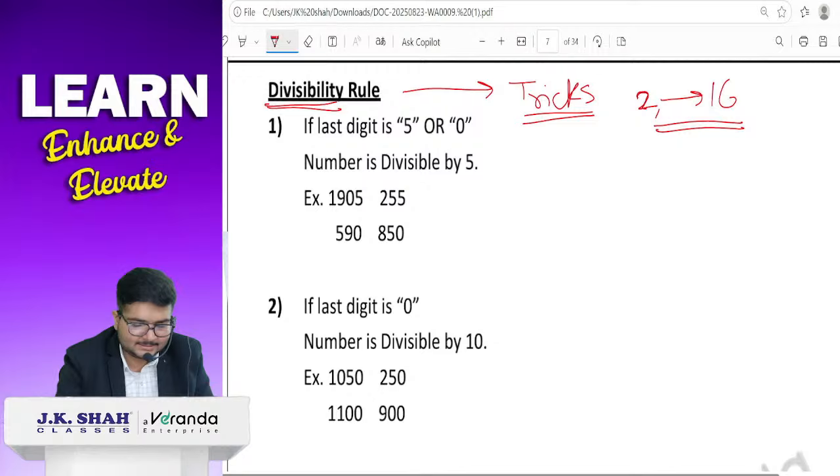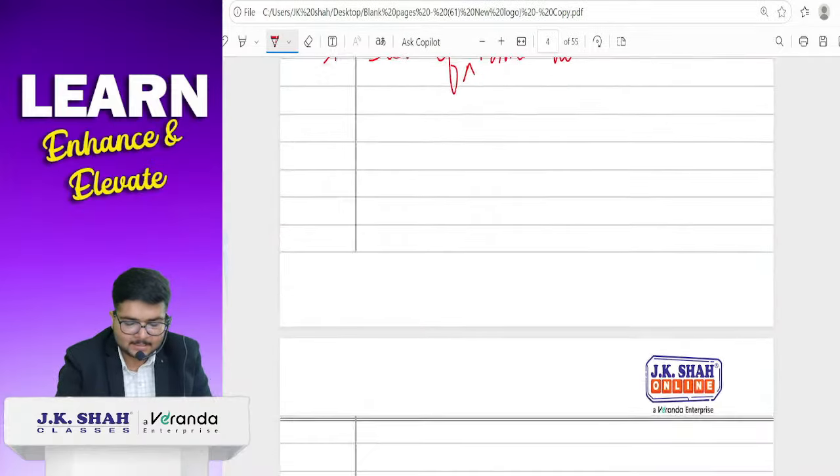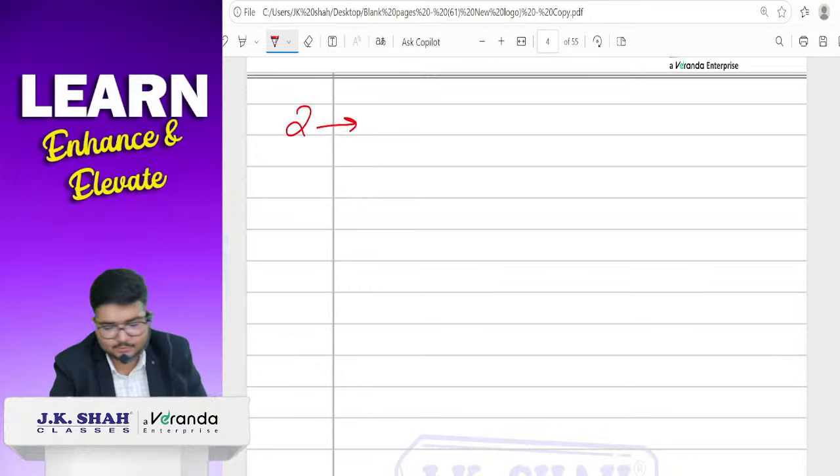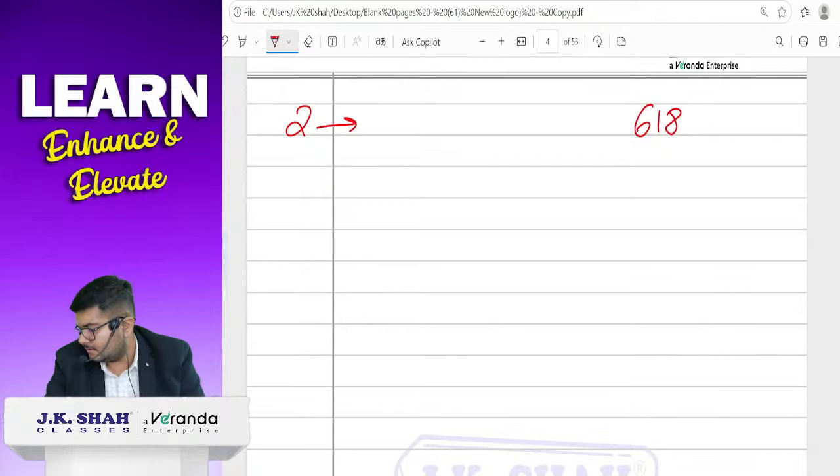Now let us start with the first number, 2. What is the divisibility rule of 2? Let us say I take this number 618.